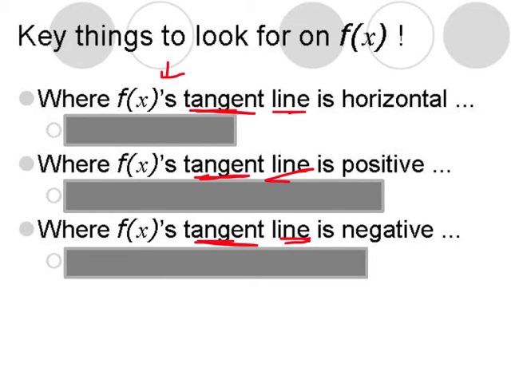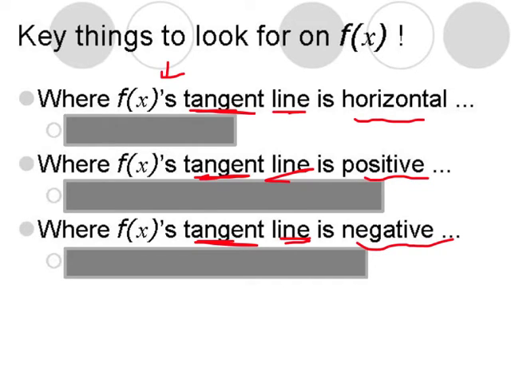That's not f prime of x, that's f of x's. I probably should have worded this differently, like where is the tangent line of f of x horizontal? Where is the tangent line of f of x positive? And so on. But anyway, where we're looking at horizontal, positive, or negative lines for little tangent lines, that's going to help us to graph it.